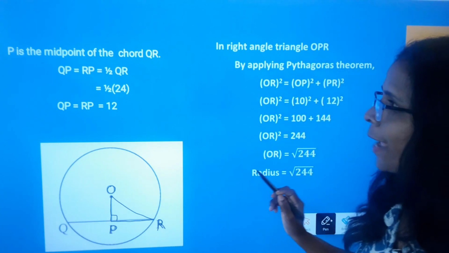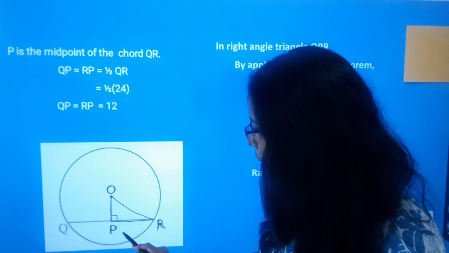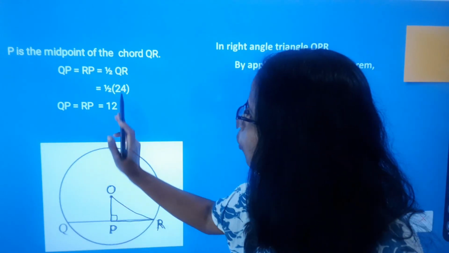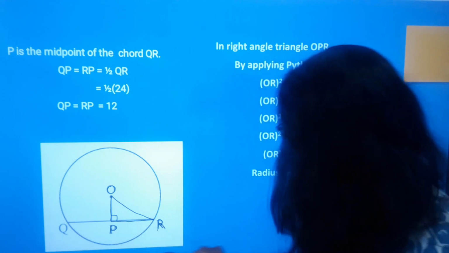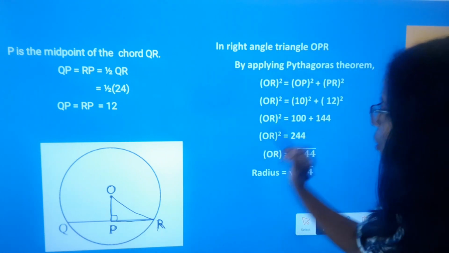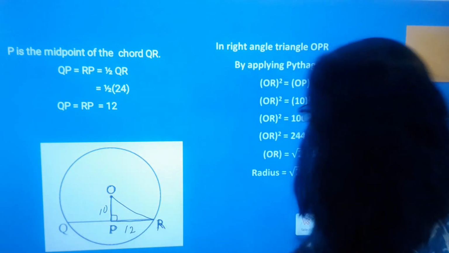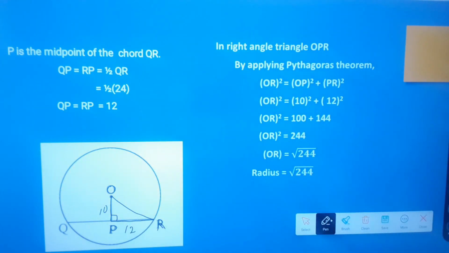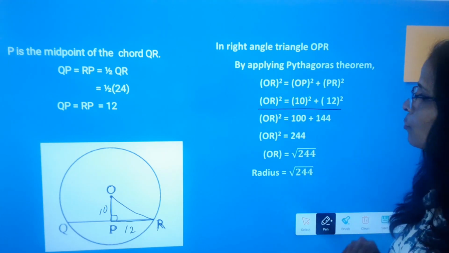We don't have OR, we have to find OR, that is the radius. Here OP is equal to 10, and PR is equal to 12. So OR square is equal to 10 square plus 12 square.